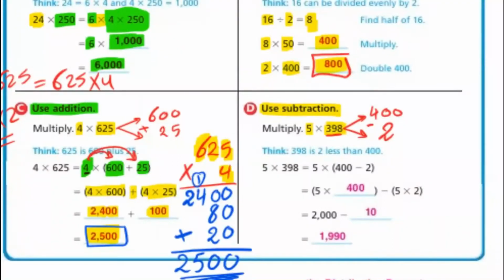So let's replace it here with 400 minus 2. To make it easier to multiply by 400, let's distribute. 5 multiplied by 400 minus 5 multiplied by 2. 5 multiplied by 400 equals 2000 minus 5 multiplied by 2 equals 10. So it will be 1990.